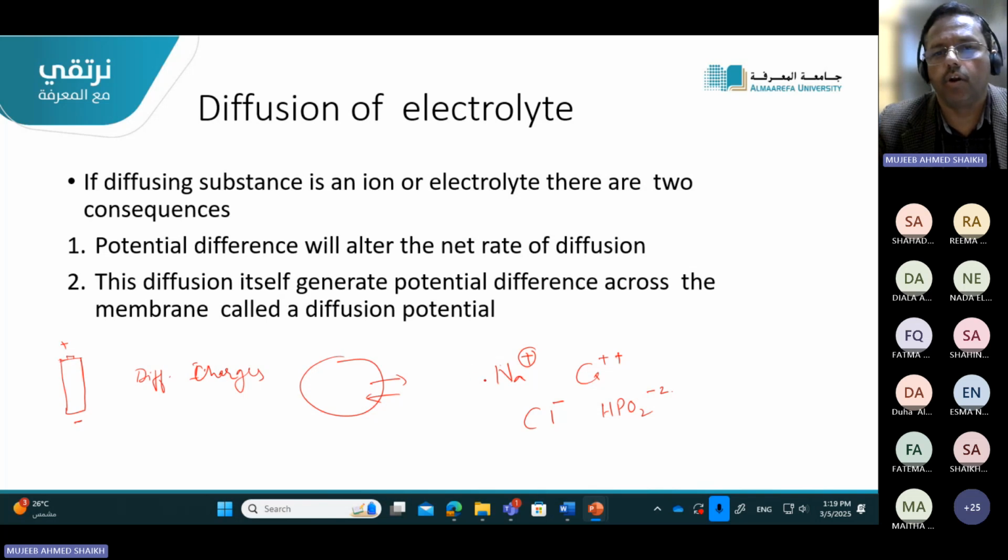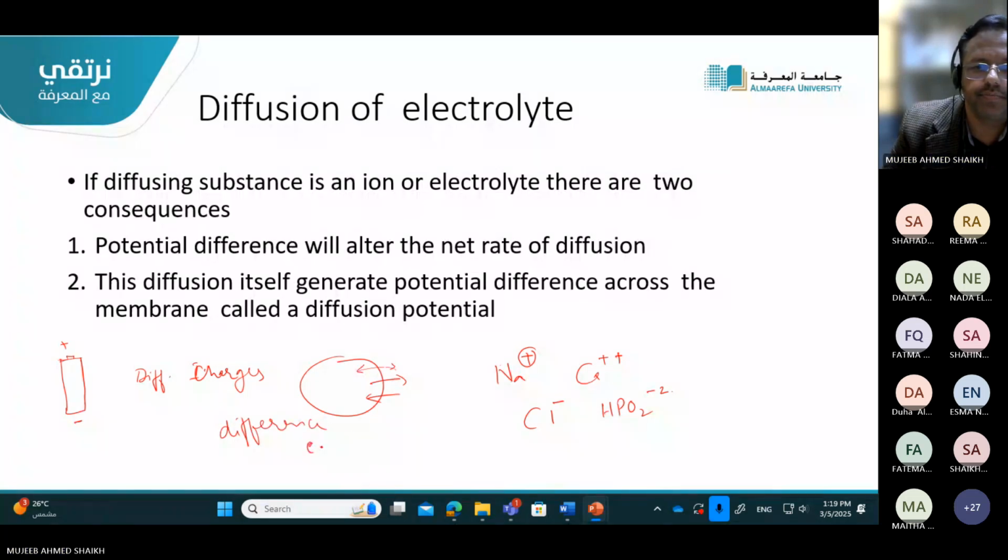Similarly, in the body, we have sodium, chloride, phosphate, magnesium, everything. They are charged, either positive or negative. So whenever there is a movement of any ion across the cell membrane, in or out, it will cause a difference in the electrical charges.